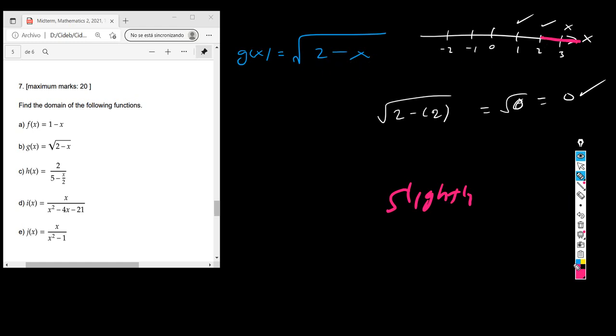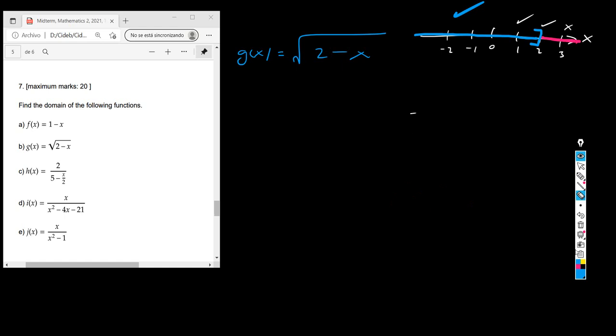Anything above 2, and anything below 2 and including 2, we should be very specific, anything below 2 and including 2 will be perfect. Everything in this blue segment is perfect. Any number in the red segment will crash this function, so that I have enough information to write my domain.